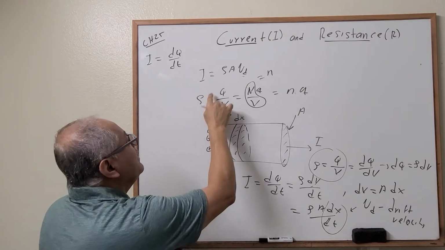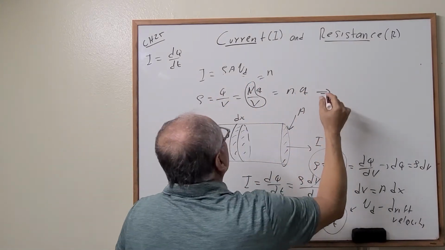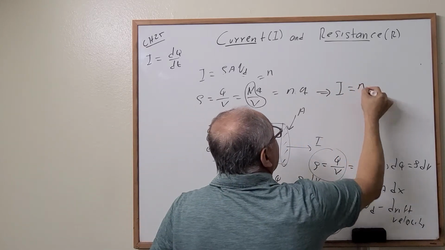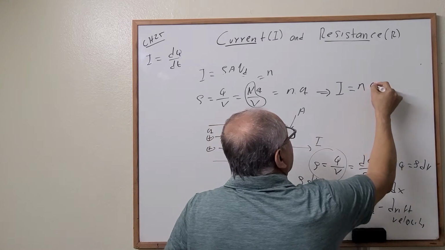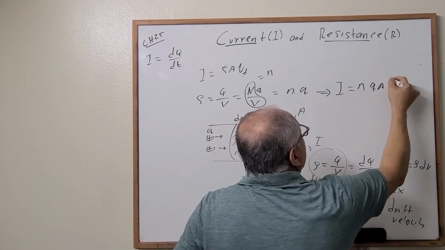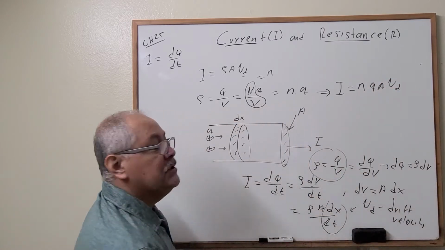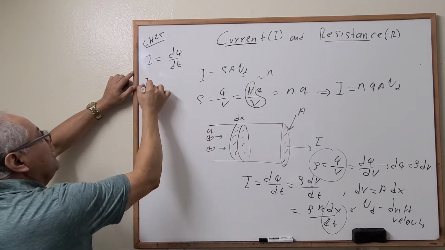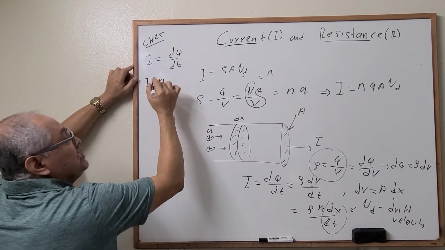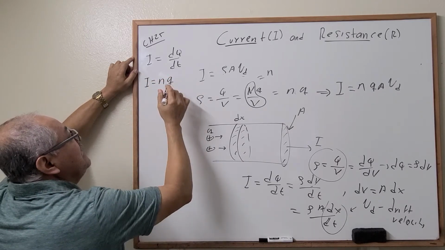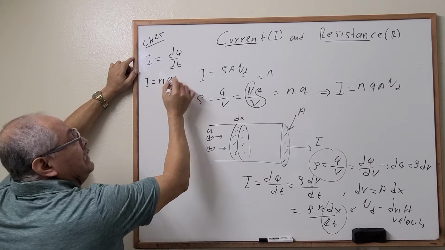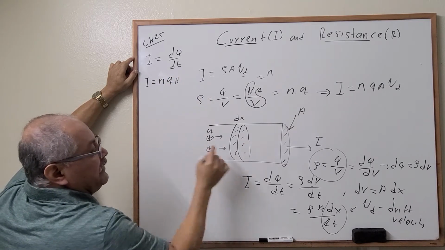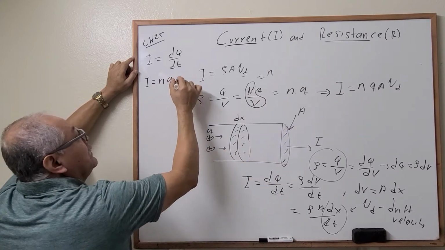Now, when we substitute this value right here, what do we have? Well, from here we have that the current is equal to n times the charge times area times this drift velocity. So we have again this equation that helps us calculate the current using the charged particles and also using the dimension of the conductor, in this case the wire, correct?